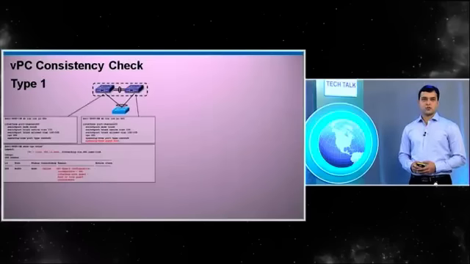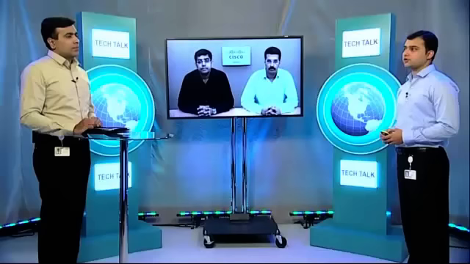If we check show VPC brief, we see that our port channel 201, or the VPC, is down. Its consistency status is showing as failed, and it also explains the consistency failure. It tells you the reason: the STP interface port guard or the loop guard is on one interface but not on the other interface. So in a nutshell, we have a VPC down here because of a type 1 inconsistency.